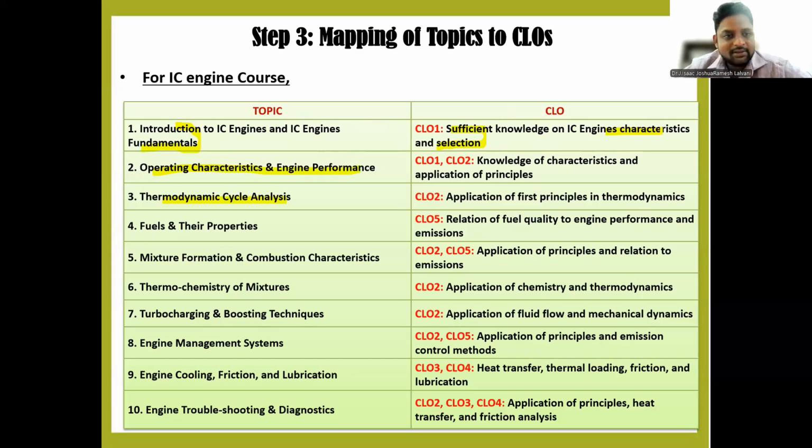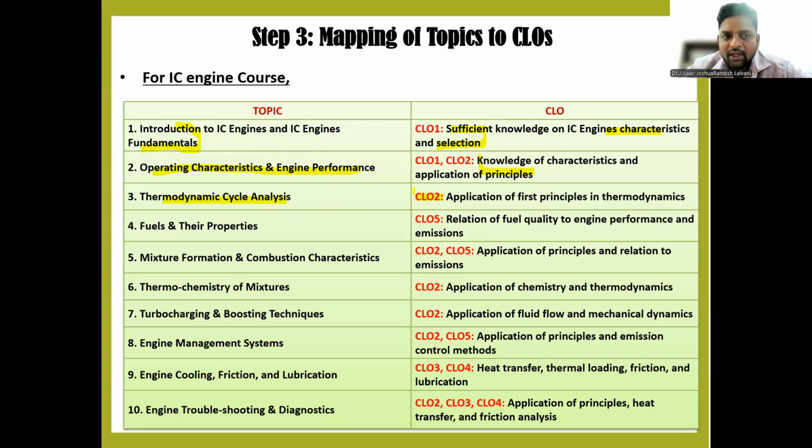The second topic, operation characteristics and engine performance, covers CLO1 and CLO2, so students will get the knowledge of both CLO1 and CLO2: knowledge of characteristics and application of principles. And thermodynamic cycle analysis will have CLO2 only.